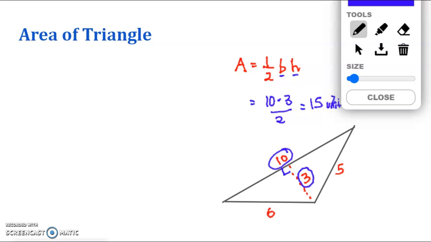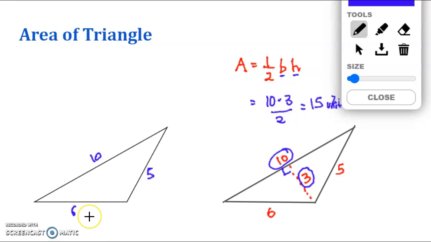Okay, so what if you have a different triangle this time, or actually the same triangle, but the dimensions you're given are different? What if you were again given these dimensions, but you were not given the altitude inside the triangle, but you were given the altitude of this height, which is 4, and we know this makes a perpendicular 90 degrees.